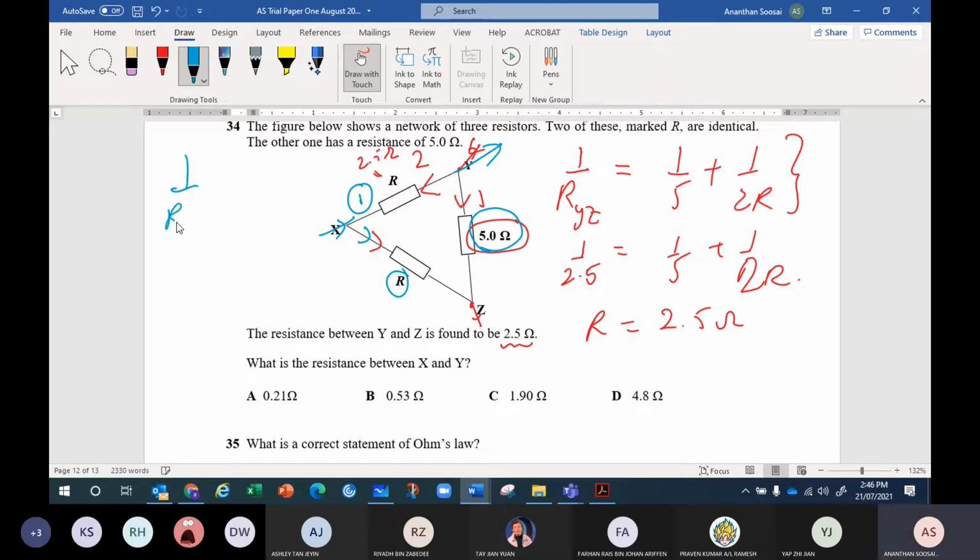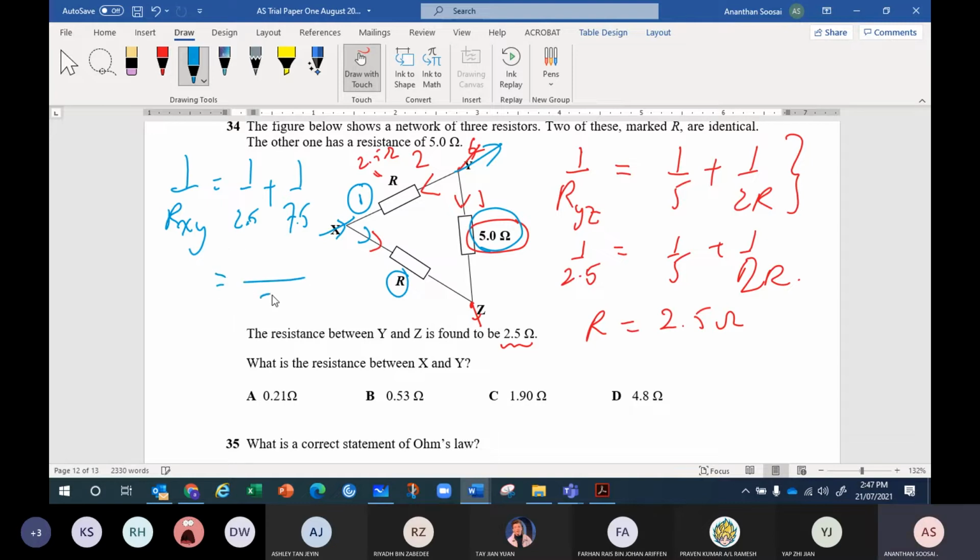So 1 over R_XY is equal to 1 over 2.5 plus the second route's total resistance, 7.5, so 1 over 7.5. This is the 1 over R_XY.